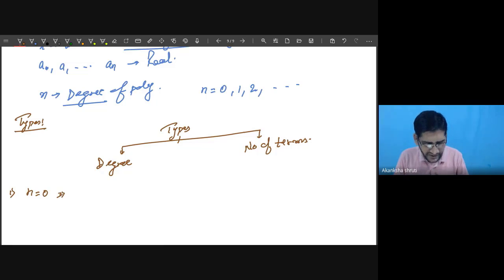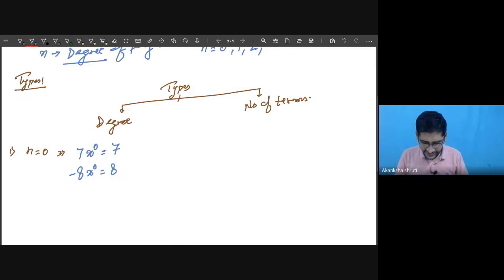It simply means the polynomial can be written as, say, 7x to the power 0. What does it mean? It is simply 7. Say minus 8x to the power 0. What does it mean? It is minus 8. Means any real number, even if it is written as minus 3 or 7.5.